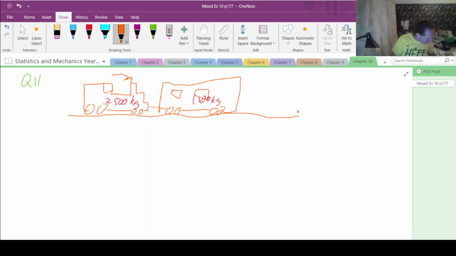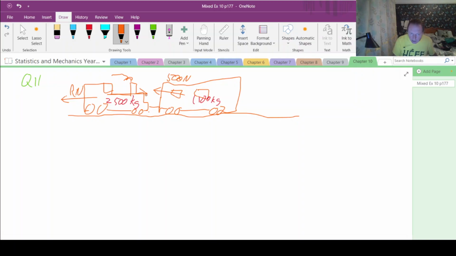Horizontal resistance to motion of the train and the carriages have R and 500 respectively. So we've got a resistance of R on this one, and we've got a resistance of 500 newtons on the train carriage. Okay, the engine of the train produces a constant horizontal driving force of 8,000.